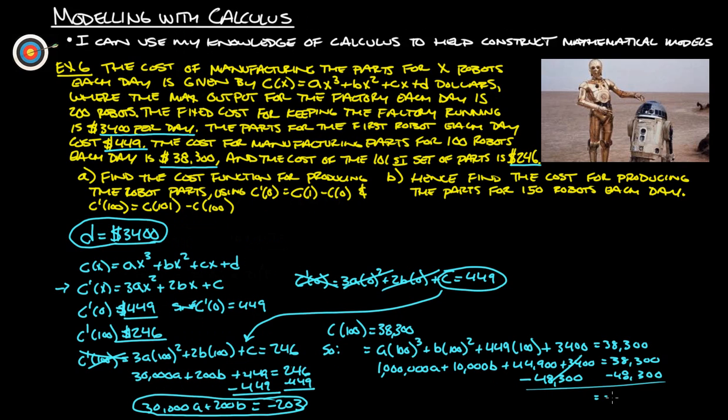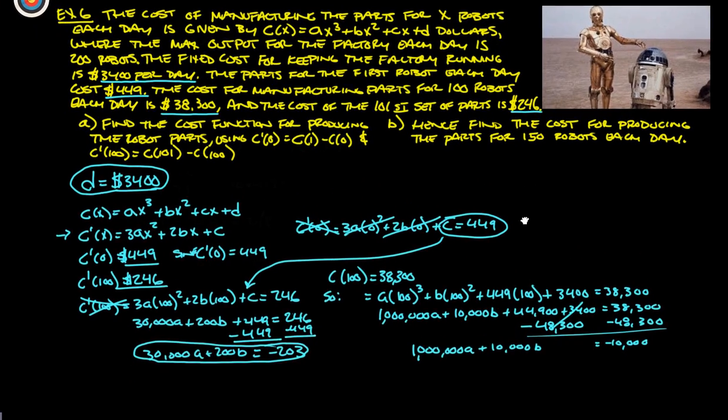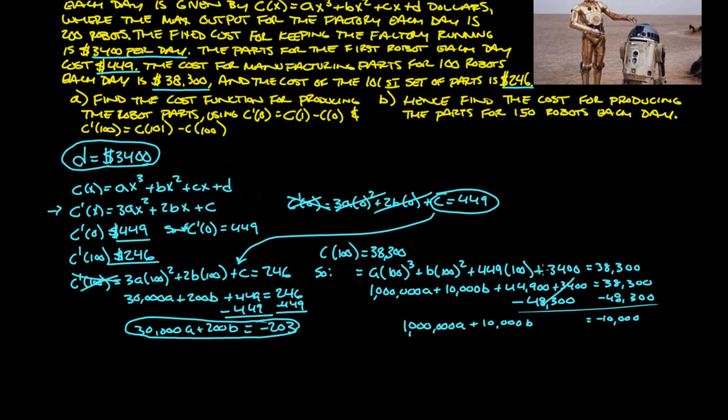And over here that leaves us with negative 10,000, and we have 1,000,000A plus 10,000B equals negative 10,000. Okay? I'll move this up to give us a little bit more space here.